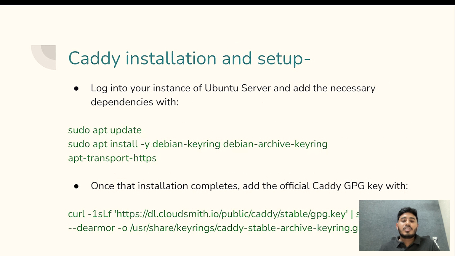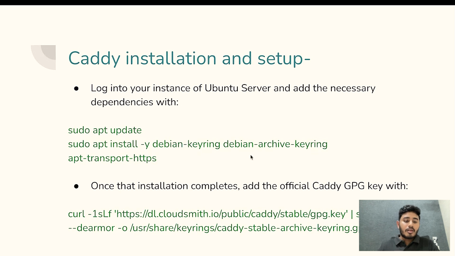Let's see the installation part now. For the installation, we have taken an Ubuntu server. If you want it for any other operating system, you can just browse for those systems and you will get the commands as well. So for Ubuntu, first of all we are running apt update, and then we are installing the keyring.